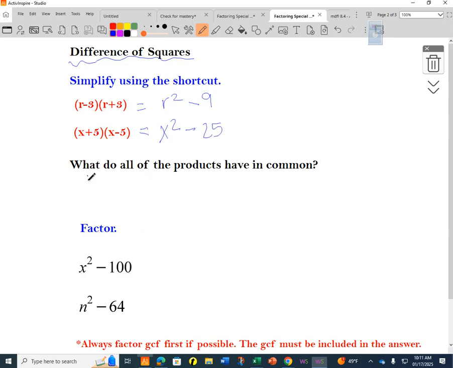So the products are always perfect squares minus perfect squares. Or sorry, perfect square minus perfect square.